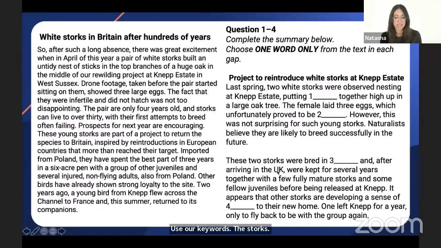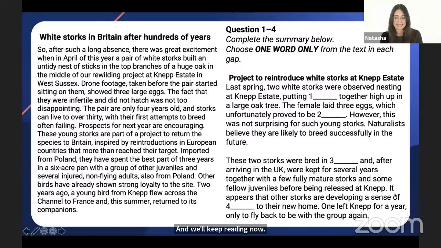We've got the UK there, so we can see that UK is being used as Britain in the text. Let us know in the chat now, where were the 2 storks bred for number 3? Fantastic. Great to see so many correct answers coming through. And we'll keep reading now.